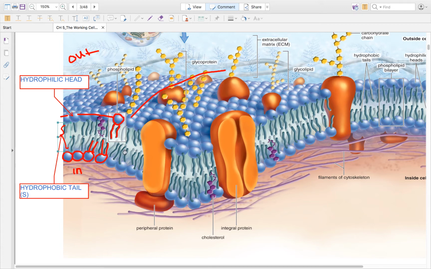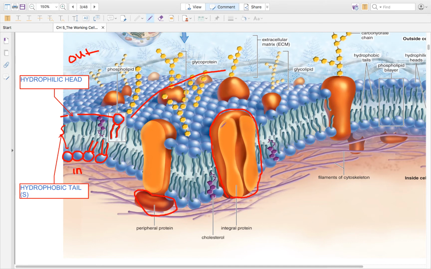Okay, now there's more. Now this is very important. These proteins in particular, see how this is a protein here, this little guy, and see how he's embedded all the way through. And notice this protein over here that is not embedded all the way through.